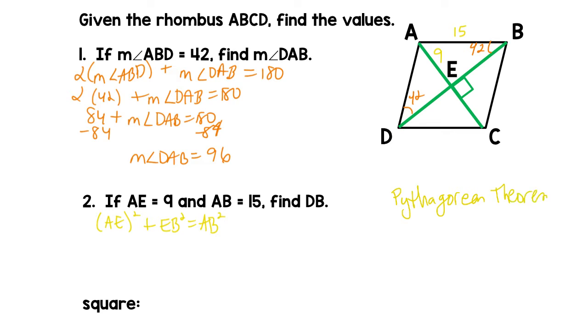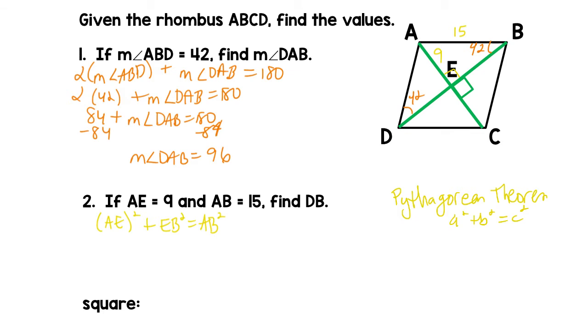This only works on right triangles, which we have because angle E is right. Pythagorean theorem says that a squared plus b squared equals c squared. A and b are the legs of a triangle, and c is the hypotenuse, which is directly across from the right angle.